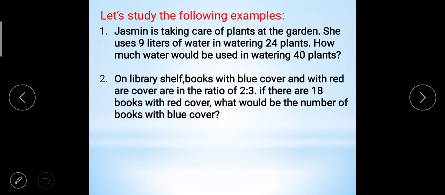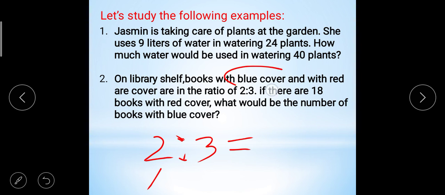Okay. So, ang ratio daw natin is 2:3. So, ang blue natin is 2 kasi 'di ba nauna yung blue cover with the red cover. So, ibig sabihin yung first number represents the books with the blue cover, and then the second number represents the books with the red cover.